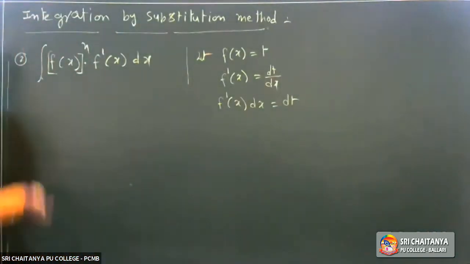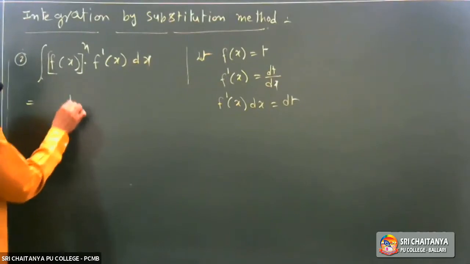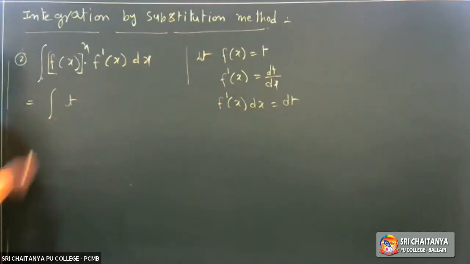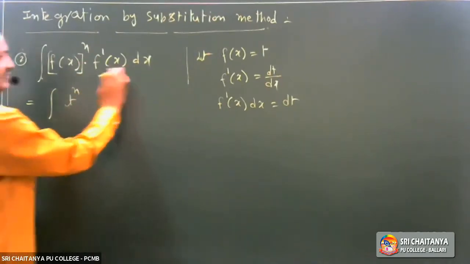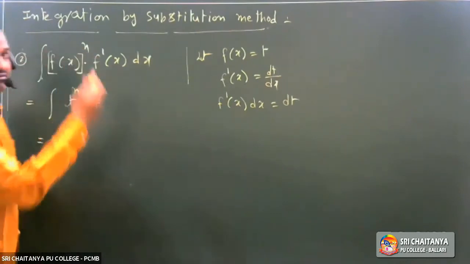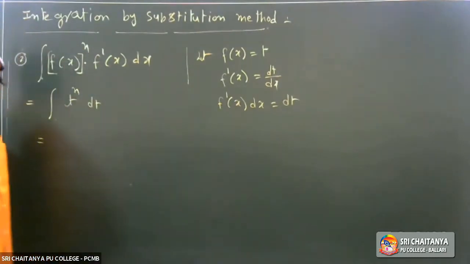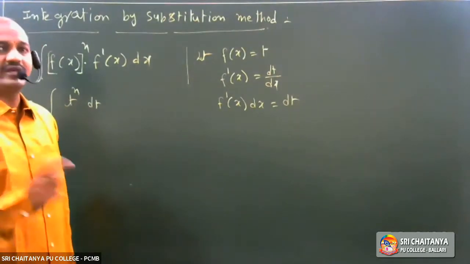Same process. So this f of x we consider as t. Integral of this function is t whole power n, f dash of x dx is equal to dt. Now it is the integral of x power n form. What is the integral of x power n? x power n plus 1 by n plus 1.